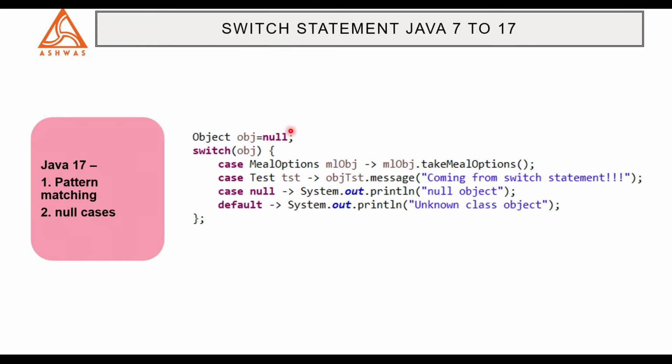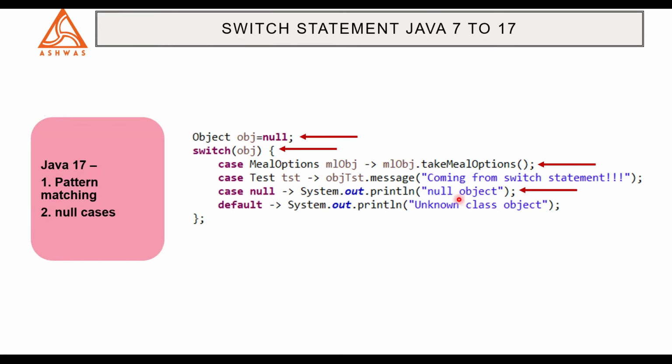So what if I pass a null object to my switch expression? I compare that object against all the available classes that I want to compare it to, but I also have a null case. This is the difference between the previous example and this example. I have a null case. So in case I have a null object coming to my switch case, I can do something with it.